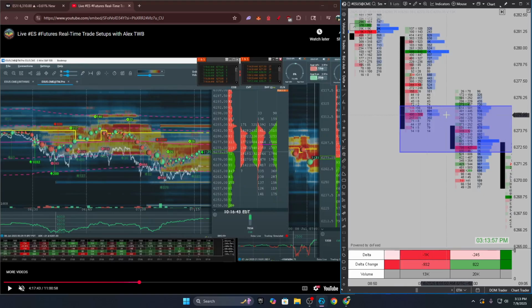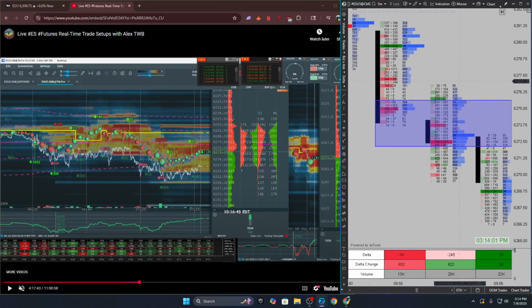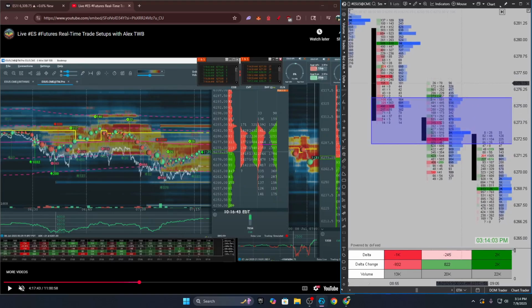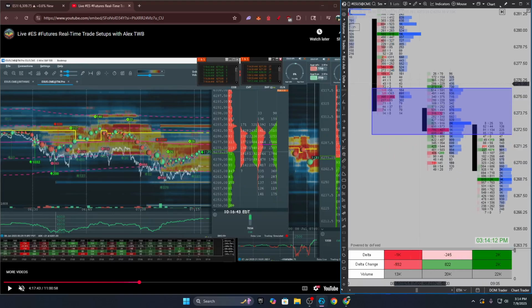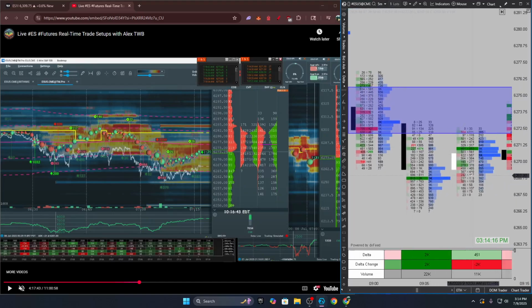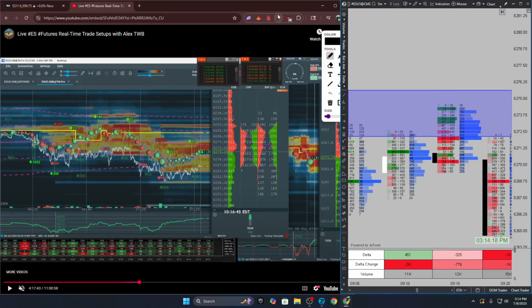In areas with high volume, with primarily very aggressive selling, where buyers have shown that they're unable to push through, and sellers have continued to push price down, that is a pretty bearish sign. So we came into that bearish signal level, and at that level, there was a passive selling barrier.